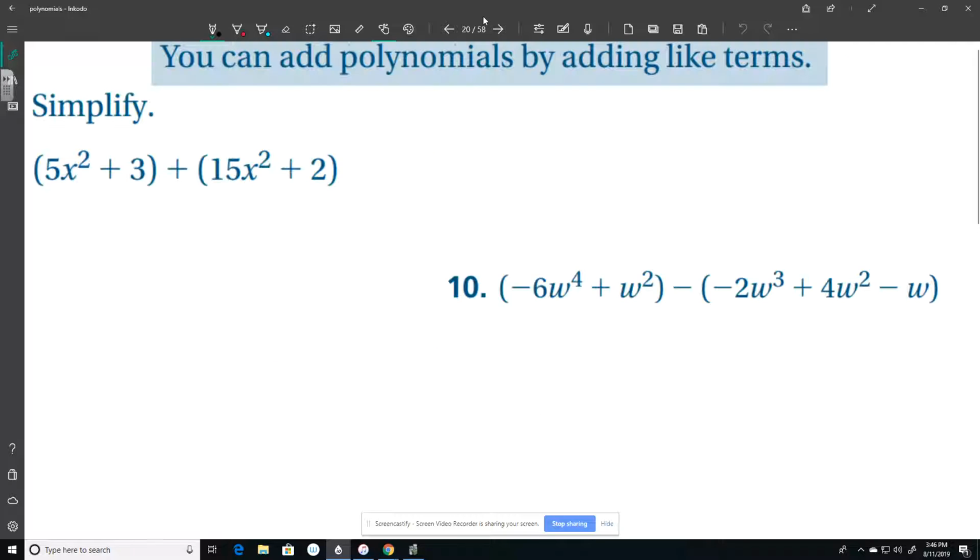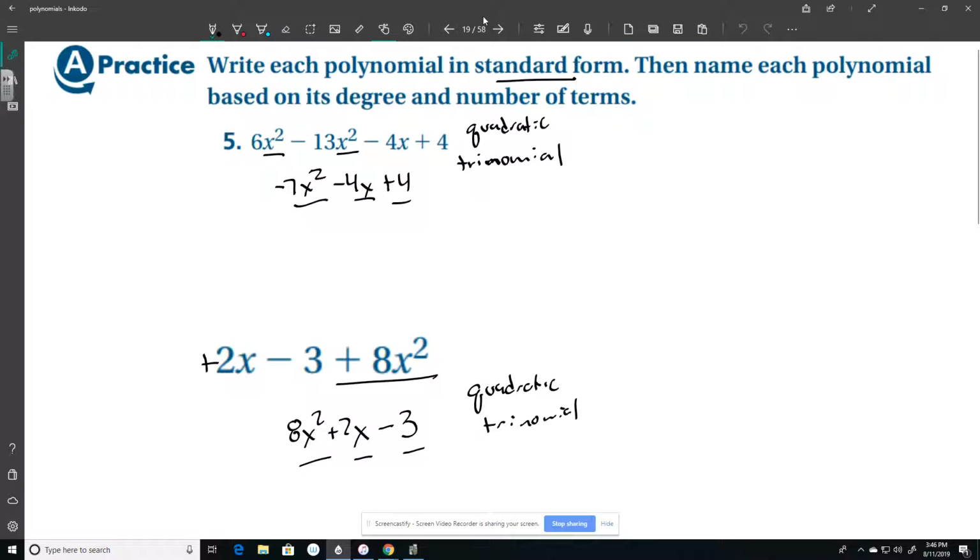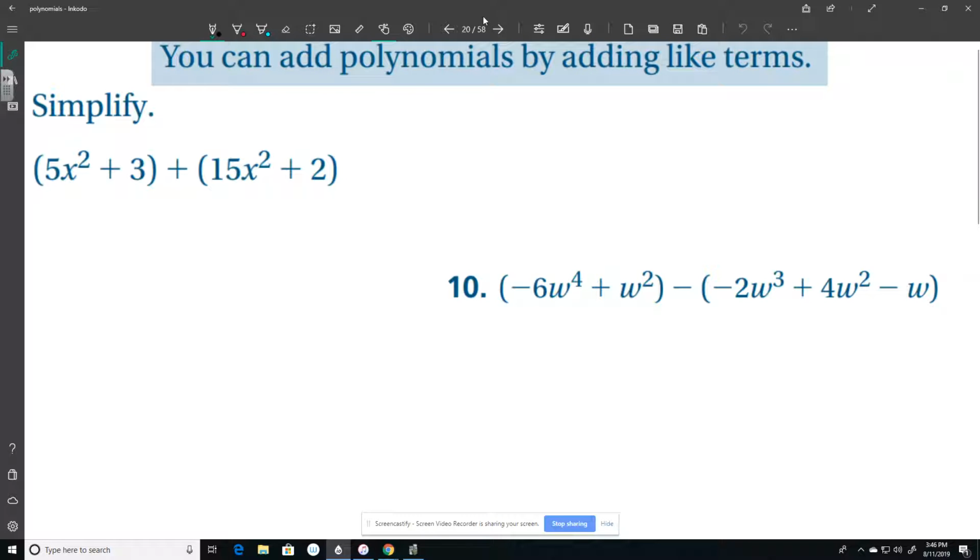All right. You can add polynomials together, just like we added the terms together within this polynomial. I can take one polynomial, this one right here, and add it to another one just by combining like terms.